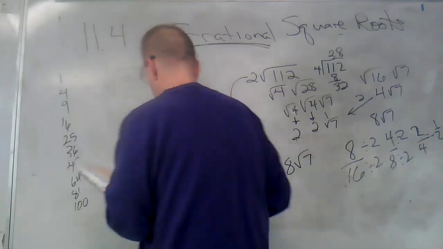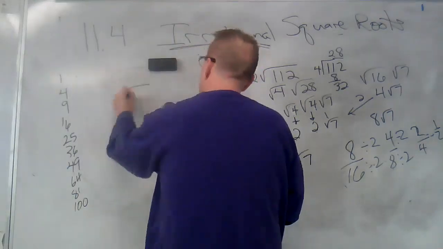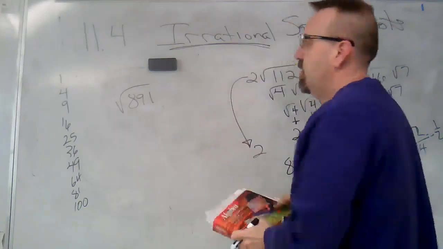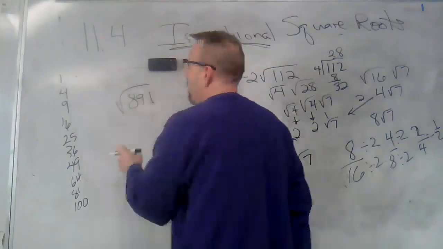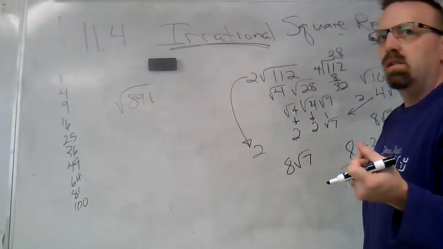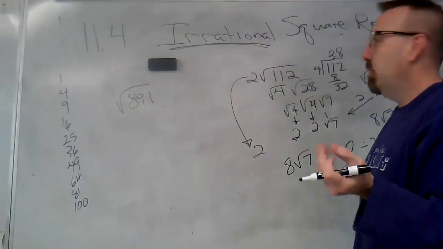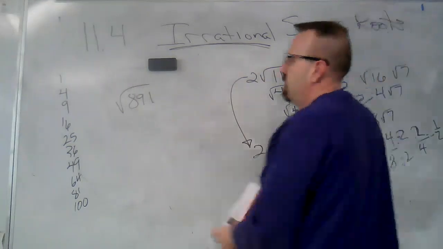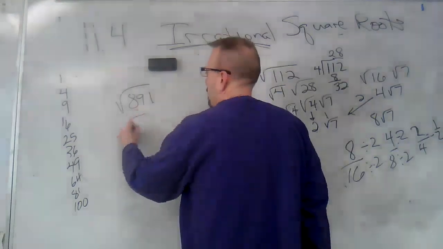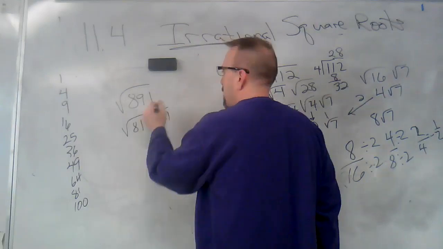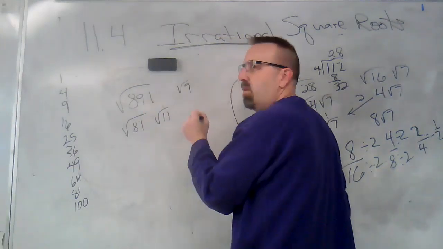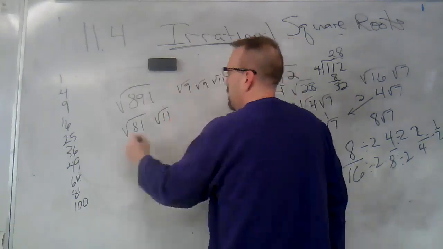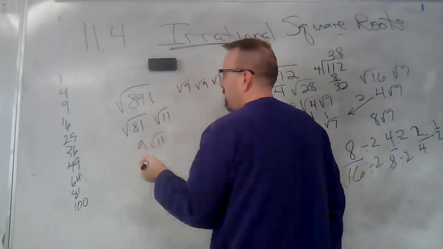All right, let's do one more. And for some of these, the simplest way to do it is just start going through the list and see if you can find anything, like with 891. What do we think from that list might go in? You can just start trying. I'm gonna cheat. It's gonna be 81, but let's say you didn't see 81 and you went with 9. Would that have been wrong? It could have been 9 times 99, which is 9 times 9 times 11, so that's 9 radical 11.